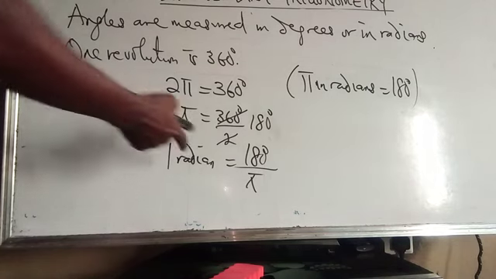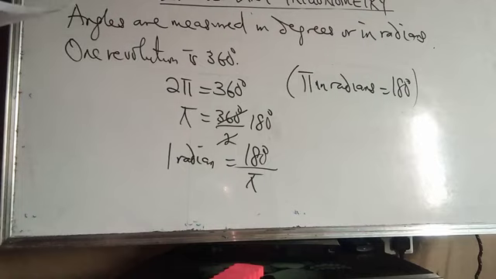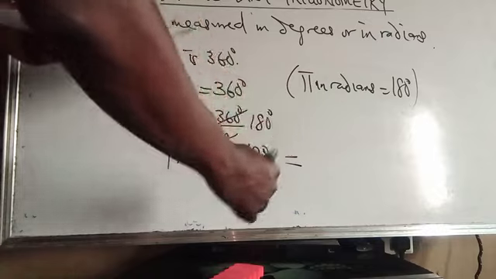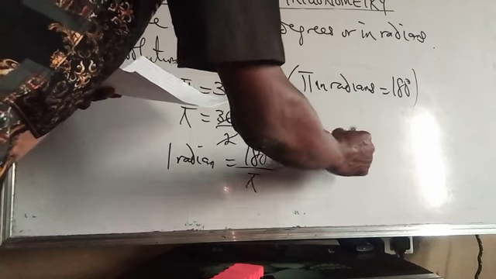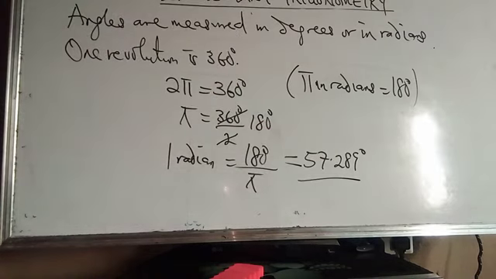If you take pi as 3.142 and divide 180 by 3.142, you are going to have 57.289 degree.